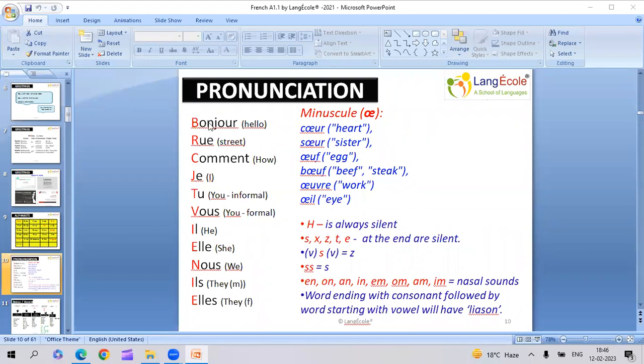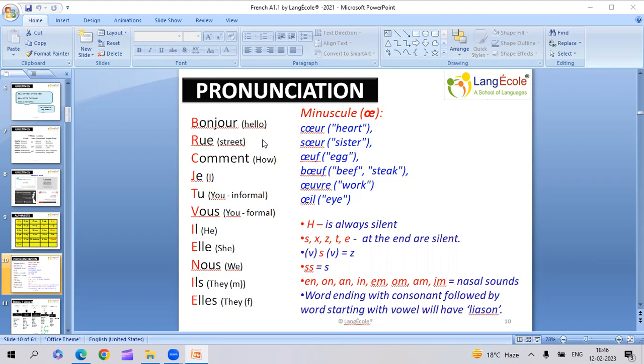Now I've listed down these words. As you have learned the alphabet pronunciation, now try to pronounce these words using those alphabet sounds. Bonjour. Rue. Hue. Je.